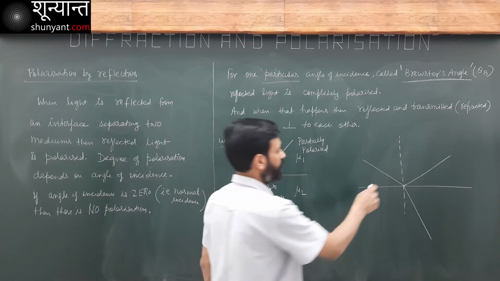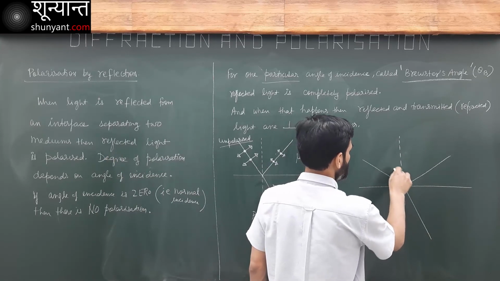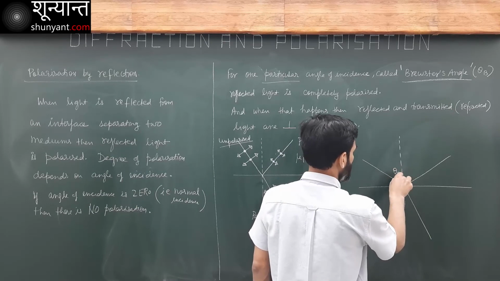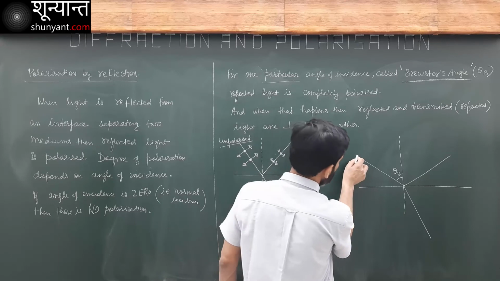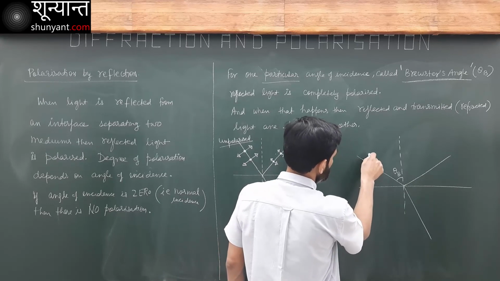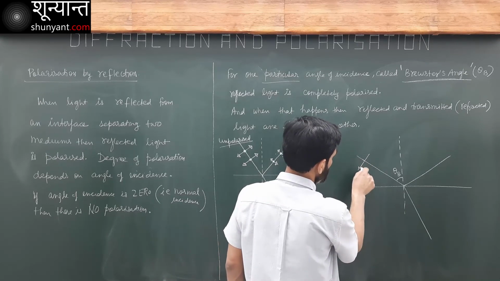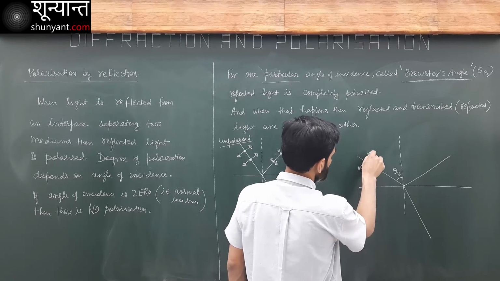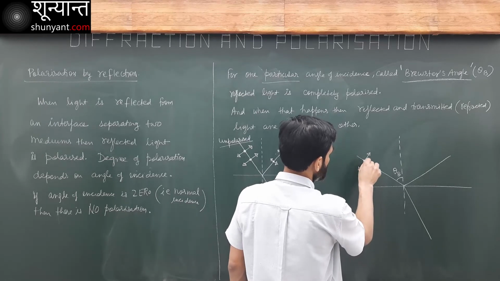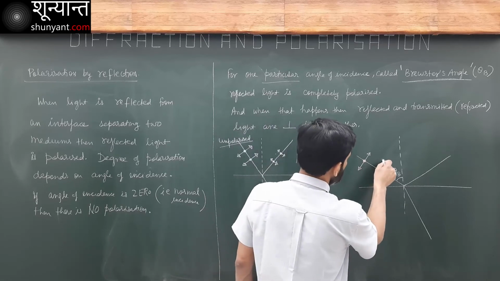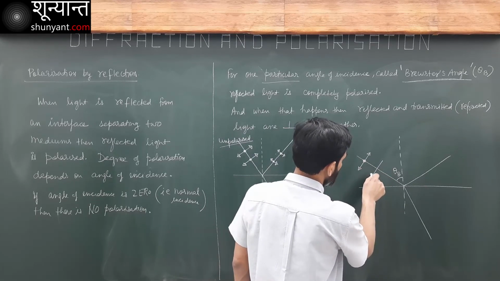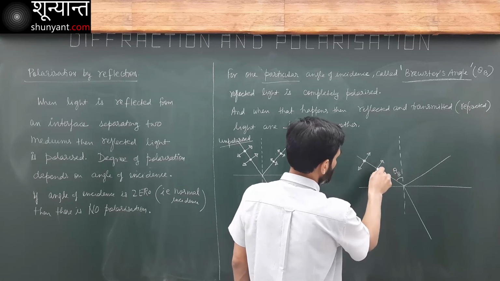For one fixed angle, this is equal to theta b. We call this Brewster's angle. For this angle, let's look at the polarization. This is my incident light. It has both components, in the plane and normal to the plane.